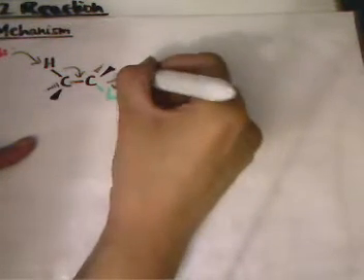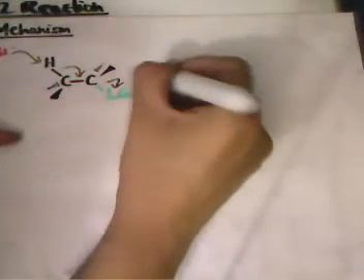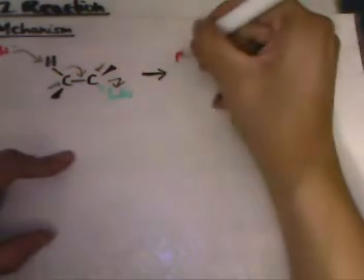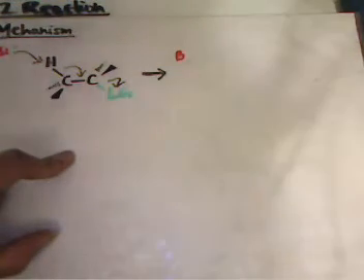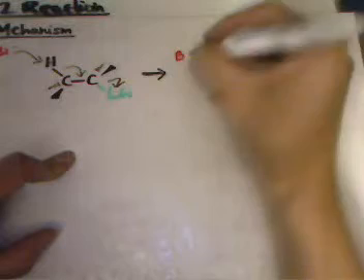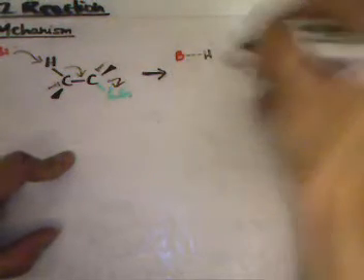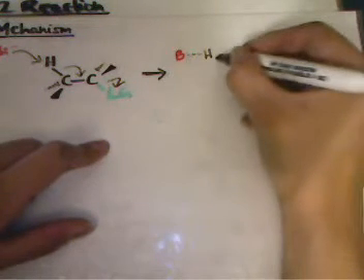And the transition state will involve the base partially bonded to the hydrogen, where the B-H bond has not yet formed completely, it's in the process of forming.